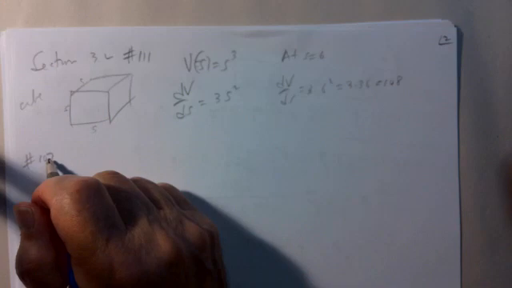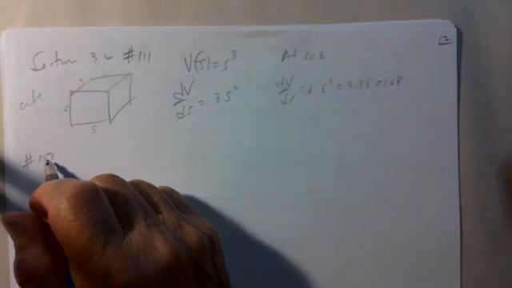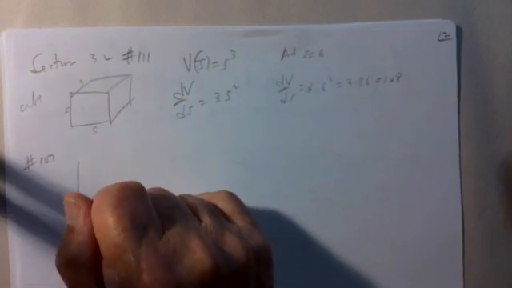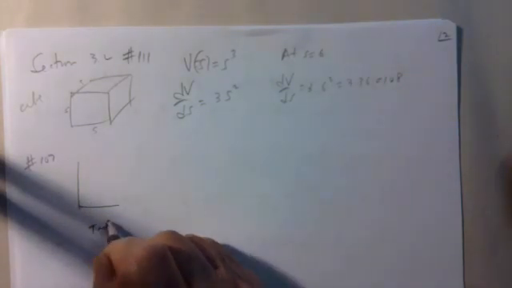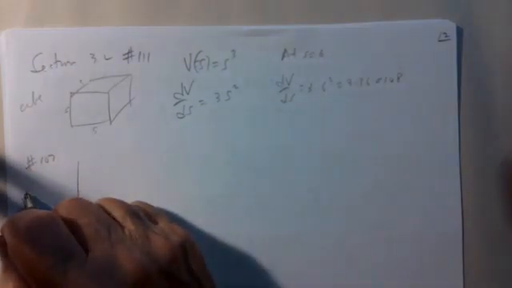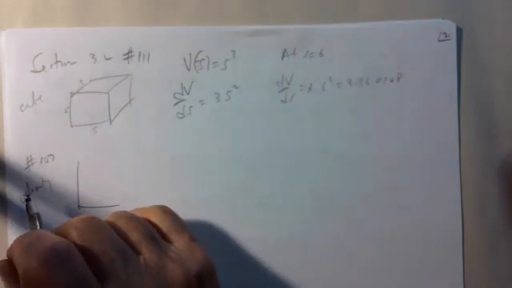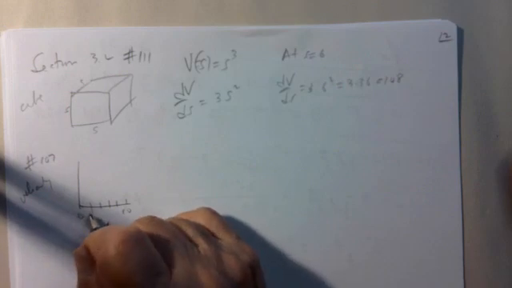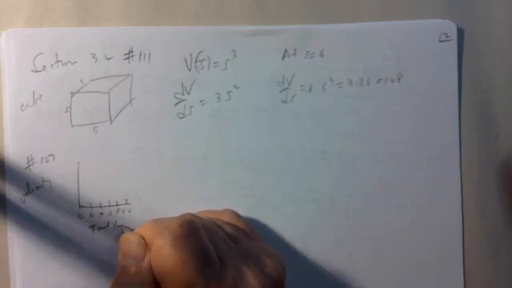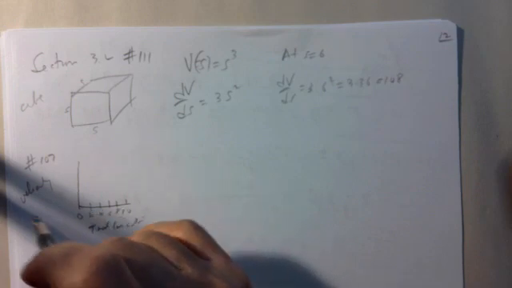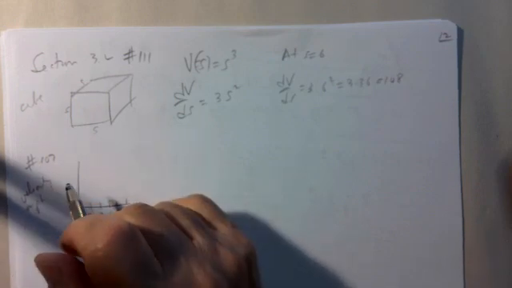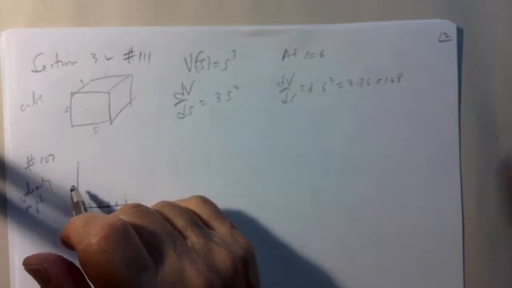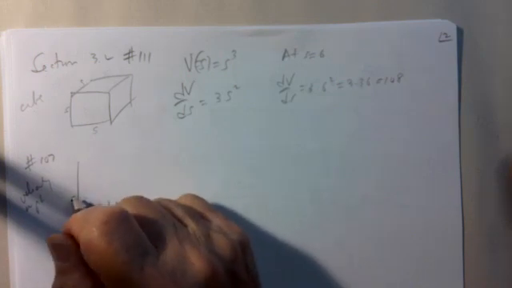We have a velocity function. Here we have the time, and here we have velocity. The time is measured in minutes, and the velocity in miles per hour.